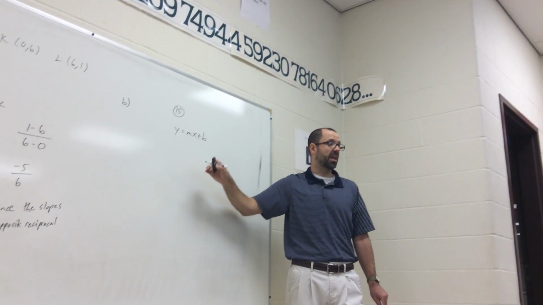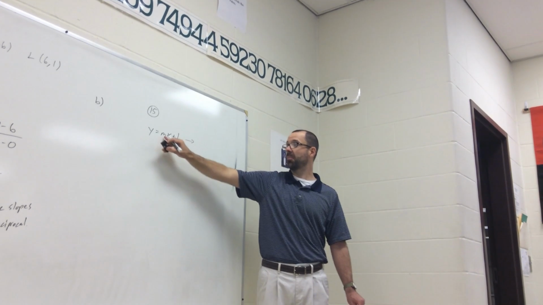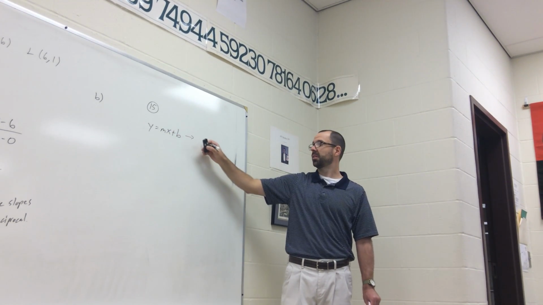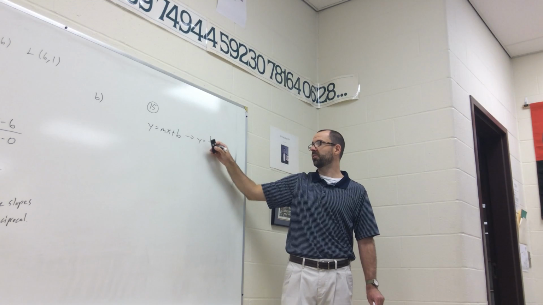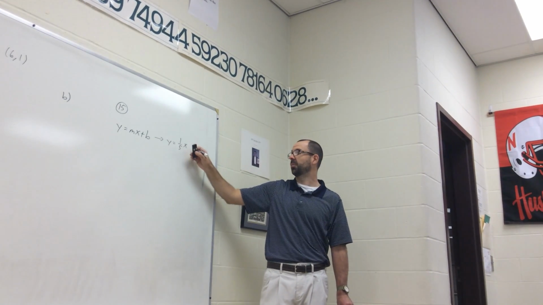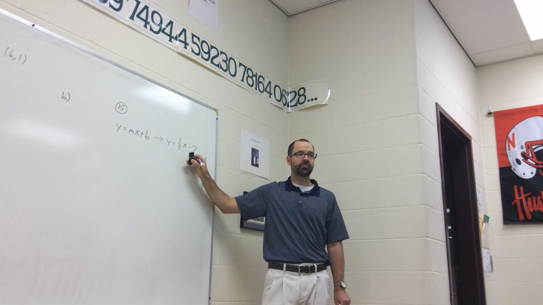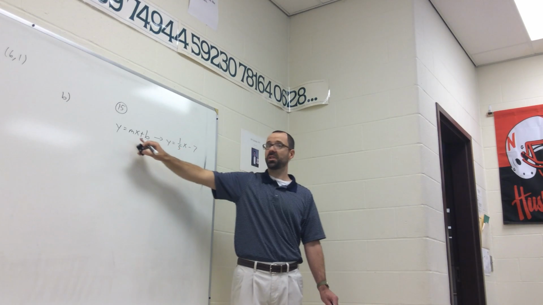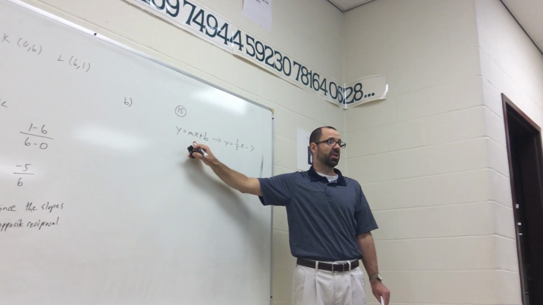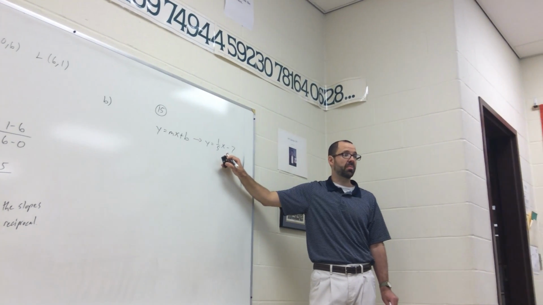So for a specific line, so for an example, you're going to have a number in those 2 places. So maybe the slope is 1/5 for this line. And maybe the y-intercept is -7. Okay, so this is the general template for a line called the slope-intercept form. And then this is an example of it.